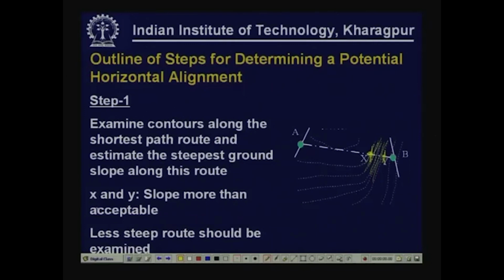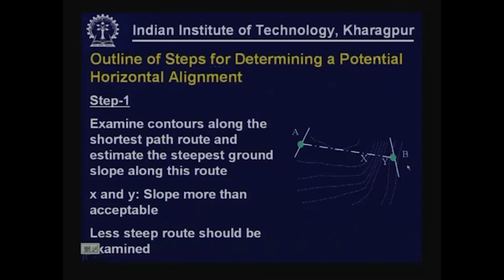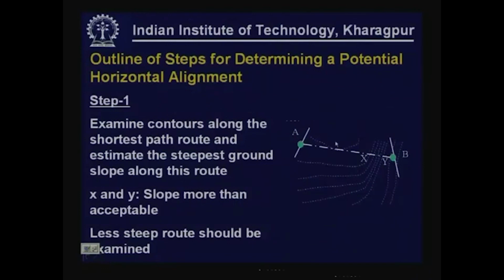So, if you calculate that, you can find that if you really try to connect it, taking this example, almost by a straight line, your slope will definitely be more than the acceptable one, and in that case your earthwork will be substantial. So, what it is indicating, we must try to find out alternative routes with less steep slope. Okay. So, we go for the next one.